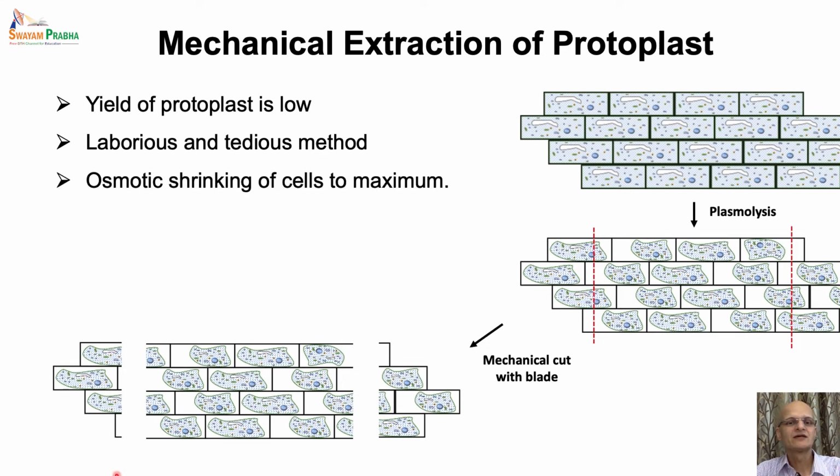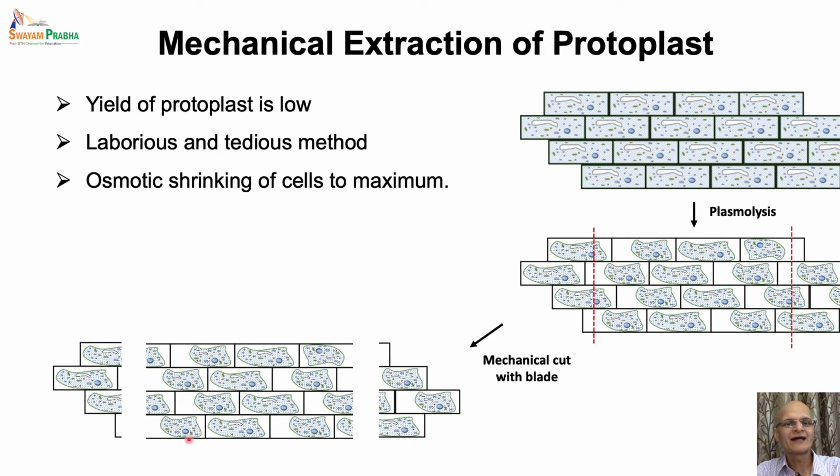Further, the cells need to be plasmolysed, and the maximum osmotic shrinking would be required for extracting intact protoplast. This osmotic shrinking can impact the physiological status of the protoplast.